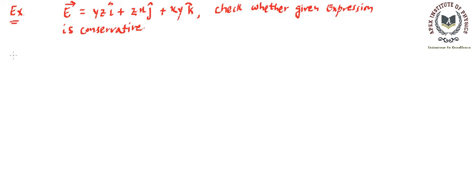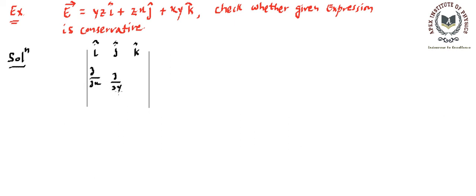So the solution will just follow the idea that we have just talked about. For that sake, we need to draw a determinant, so we need to have two parallel lines, and within these lines we need to fill in the required quantities. So the first row is i cap, j cap, k cap, in the second row we have the partial derivatives with respect to x, y and z, and in the last we need to write Ex, Ey, Ez.